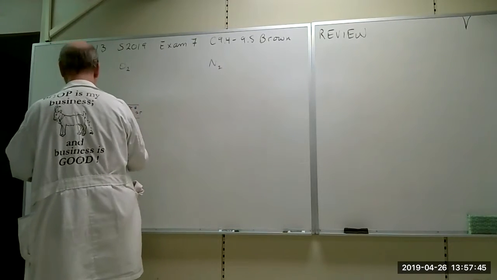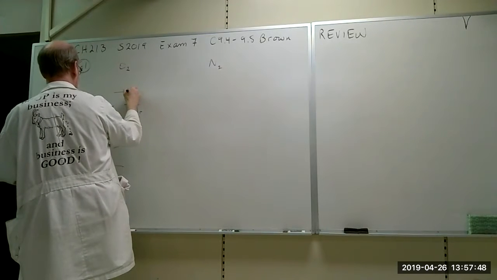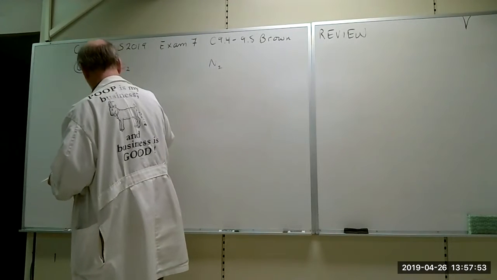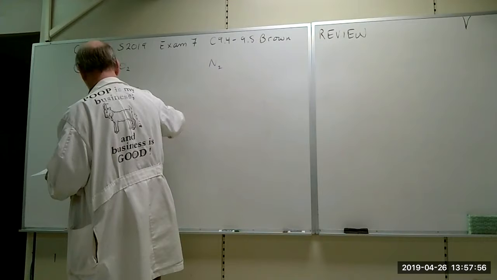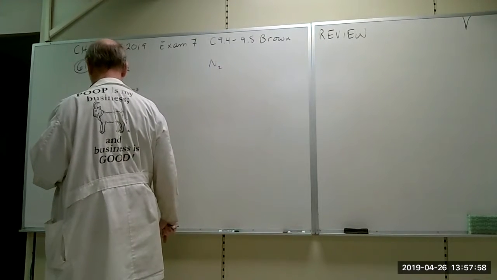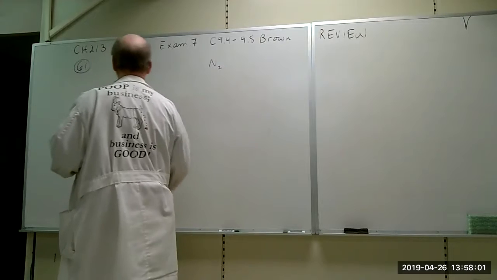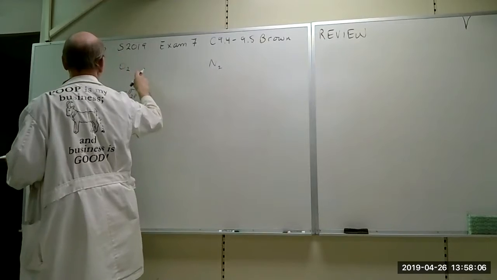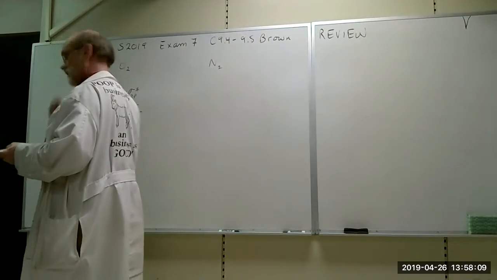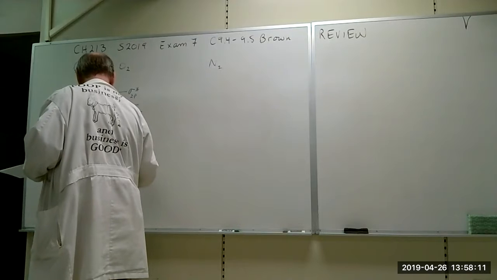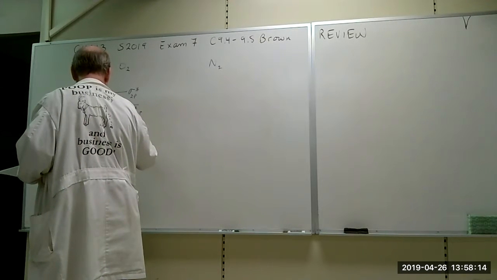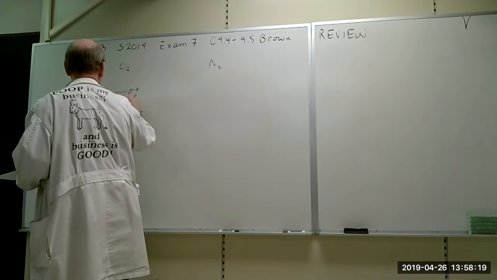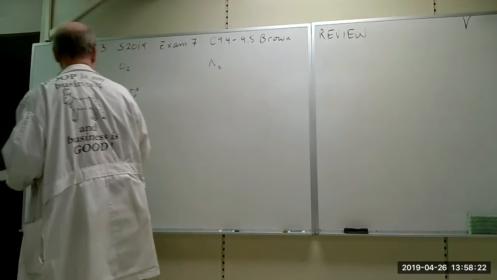Then we're going to have the sigma stars from the 2p's. So this sigma, that sigma star, and then the pi's in the middle. Okay, so oxygen. How many do we have? 12 electrons total, right? So we just start filling them up. 1, 2, 3, 4, 5, 6, 7, 8, 9, 10, 11, 12.